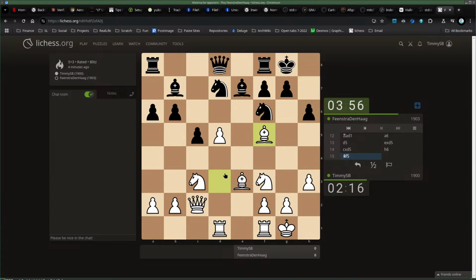Now it's defended again twice, and I threatened to push it. Well, but for a very short time I threatened to push it. Okay, the other open file then.